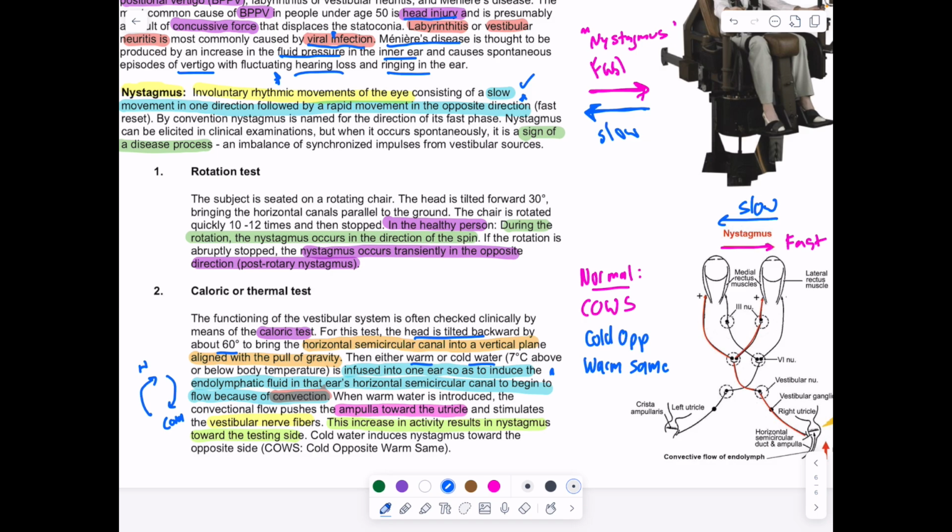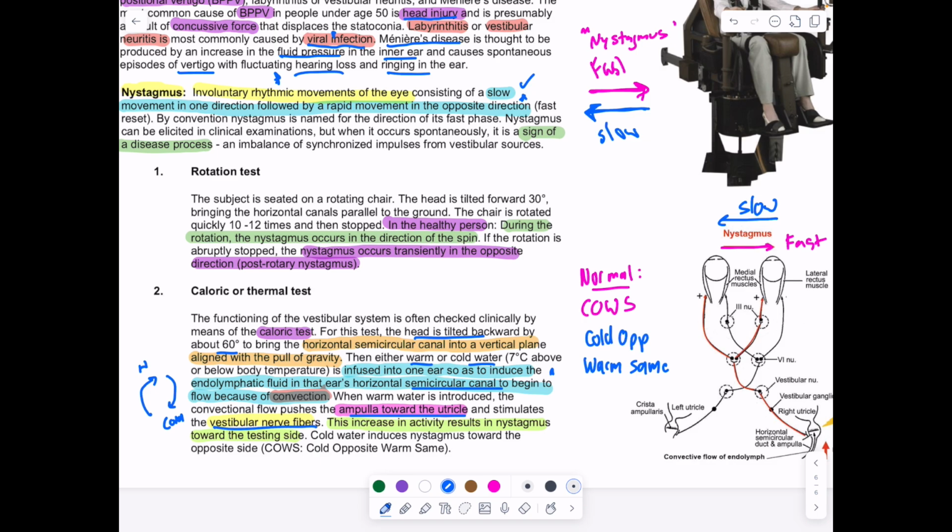So if you put water that's a different temperature from body temperature in this person's ear, it's going to cause a motion of the endolymph inside the semicircular canals. And if the endolymph is moving inside the semicircular canals, then you're going to have basically an action potential being generated in the vestibular system.